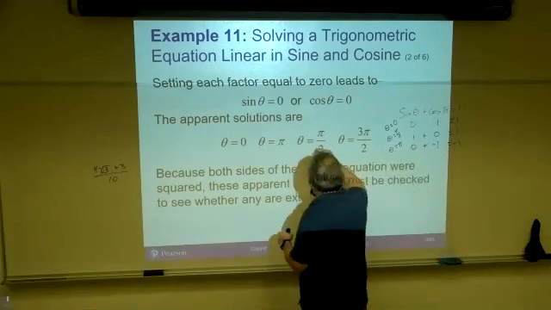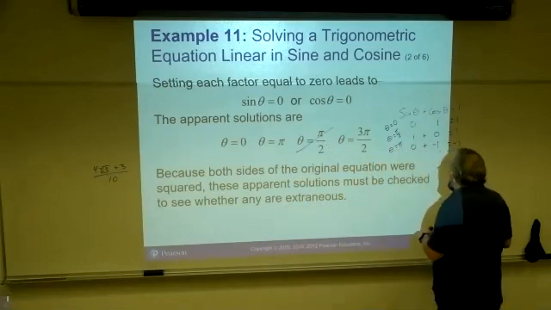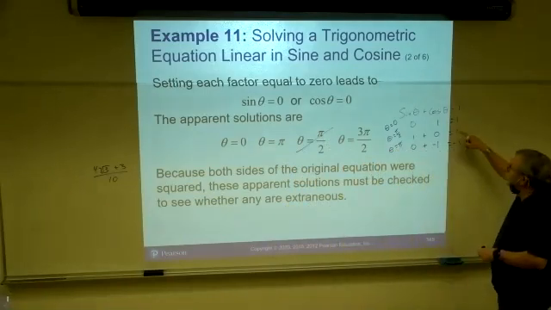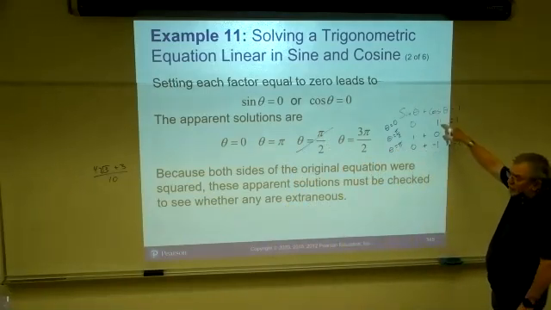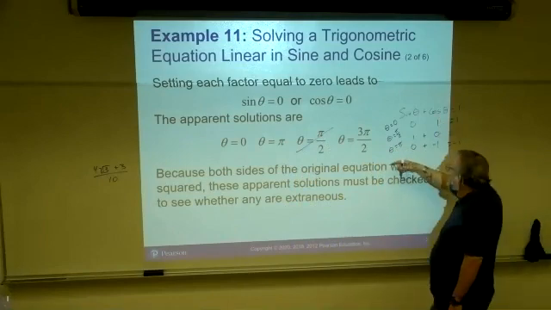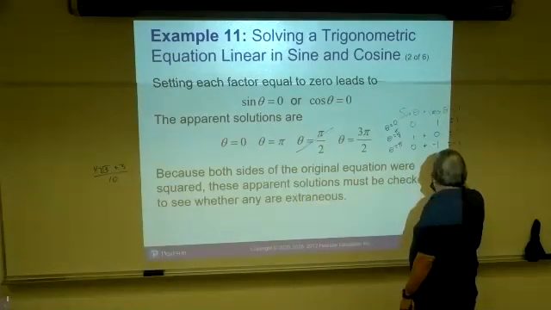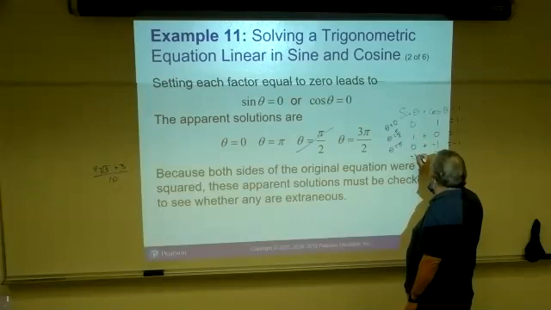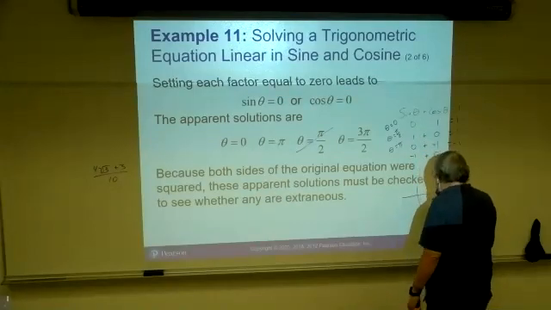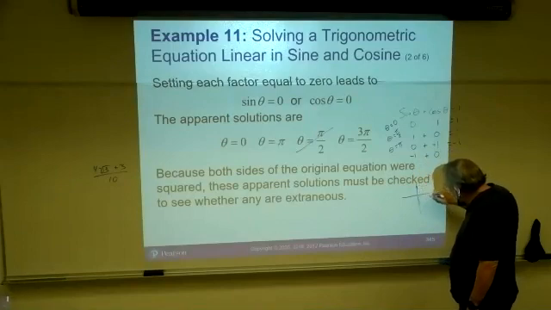So pi, we can't use pi, because it gives us -1 when we plug it into the original equation. And now for 3 pi over 2, cosine is 0 again, but the sine is -1, right? Because we're talking about the quadrantal angles.